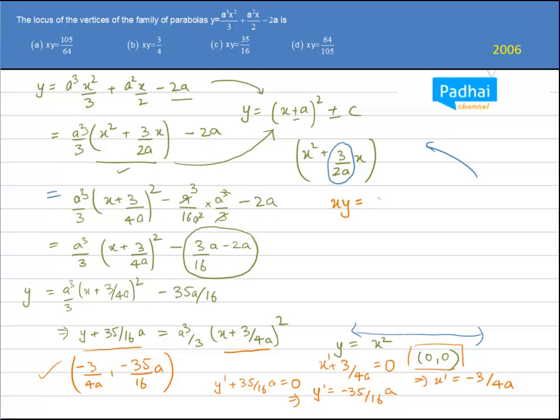So I'll get minus 3 by 4a into minus 35 by 16a. So a cancels out, and minus minus also gets cancelled out. 35 times 3 is 105. So I'll get 105 by 64 as xy, which is obviously in the answer A, as can be seen. That means option A was the correct answer in the paper.